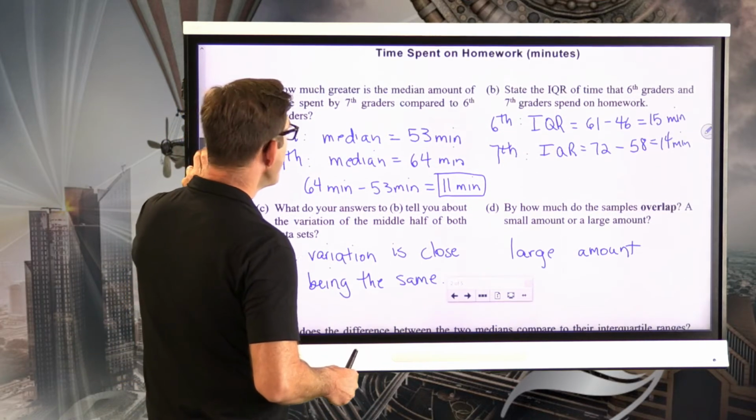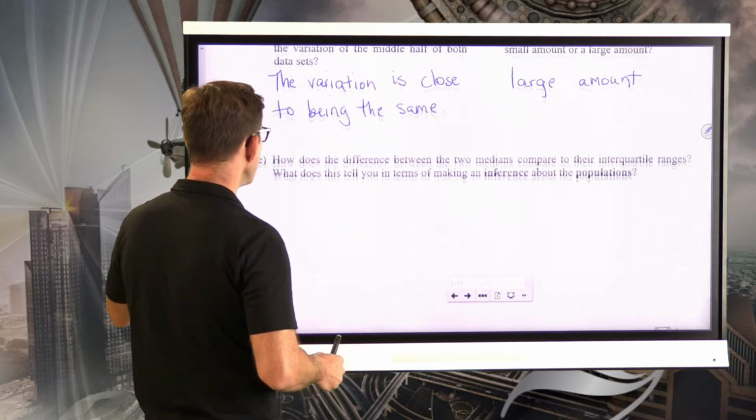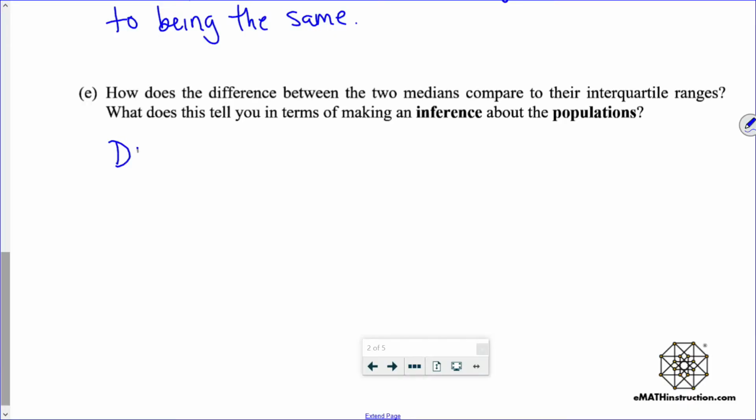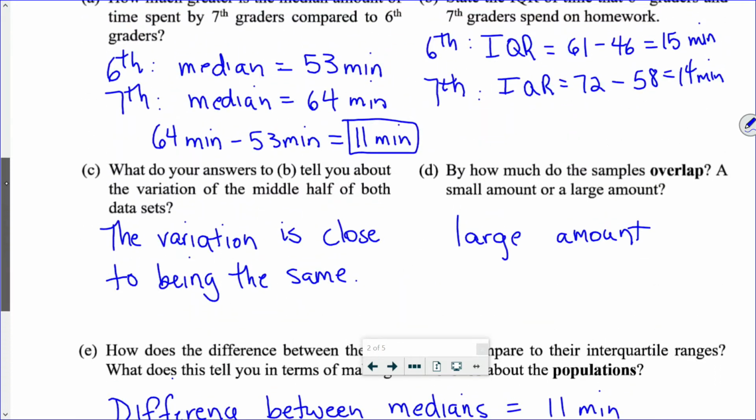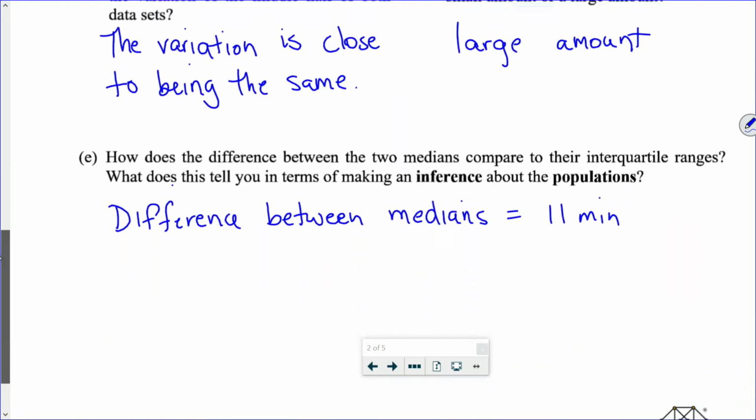The difference between the two medians was 11 minutes. All right, so 11 minutes was the difference between the two medians. Yep, just wanted to make sure.